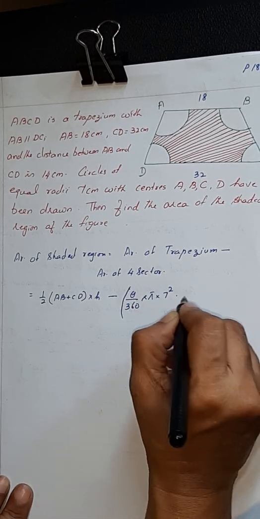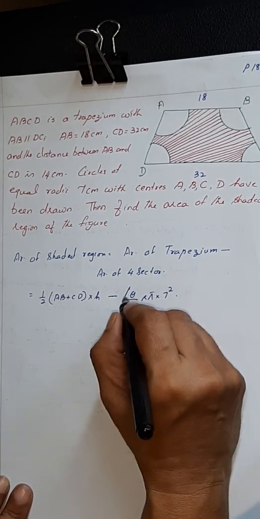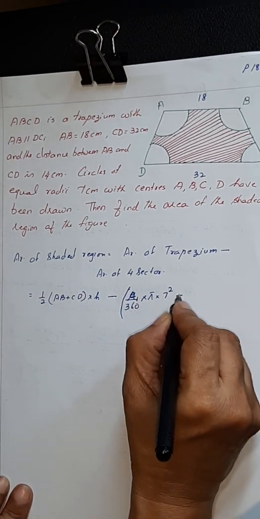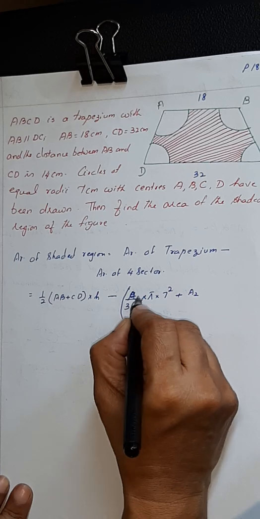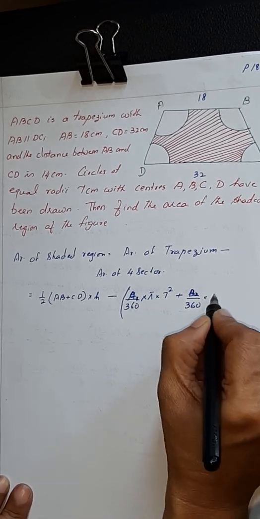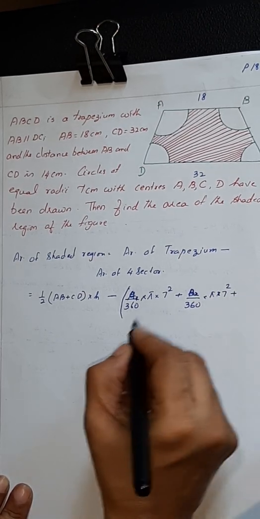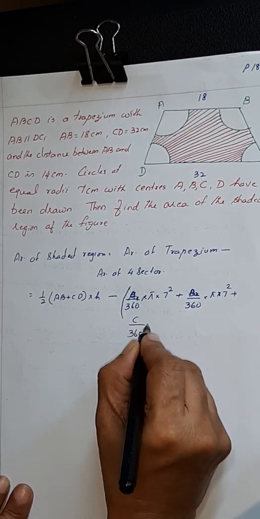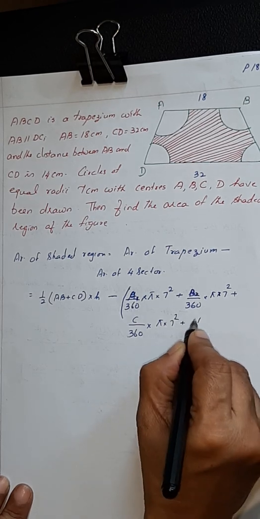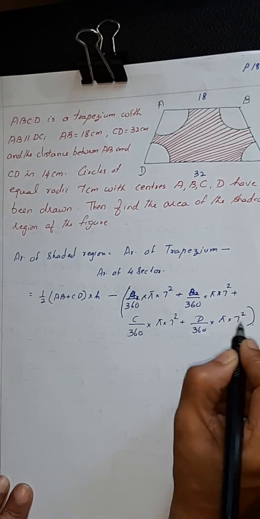So theta 1, we'll write this as A plus B by 360 into pi r squared plus C by 360 into pi r squared plus D by 360 into pi r squared.